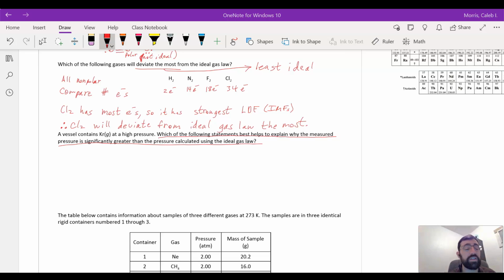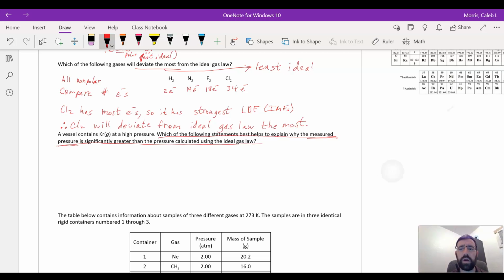So this is actually taken from a multiple choice question, but what we want to do is identify some reasons that krypton at high pressure would have a measured pressure significantly greater than expected. Why would its pressure be greater than expected?